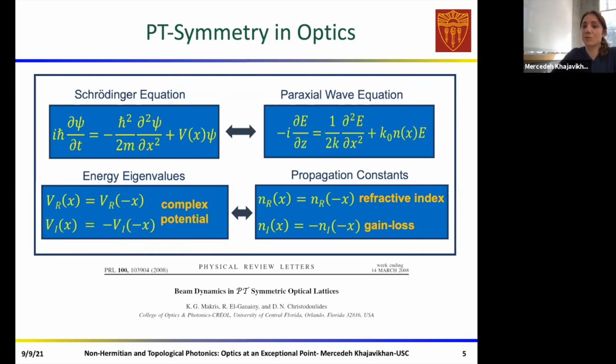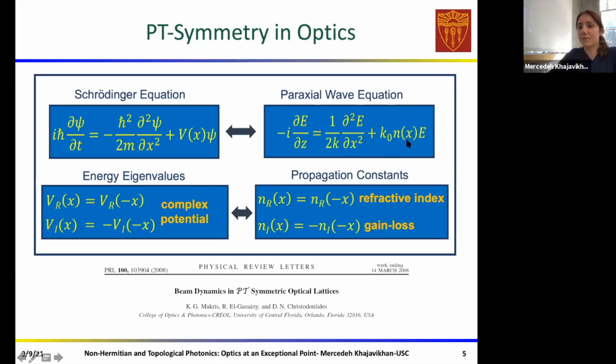The isomorphism between these two equations tells us that the function that plays the role of the potential in optics is the refractive index profile.